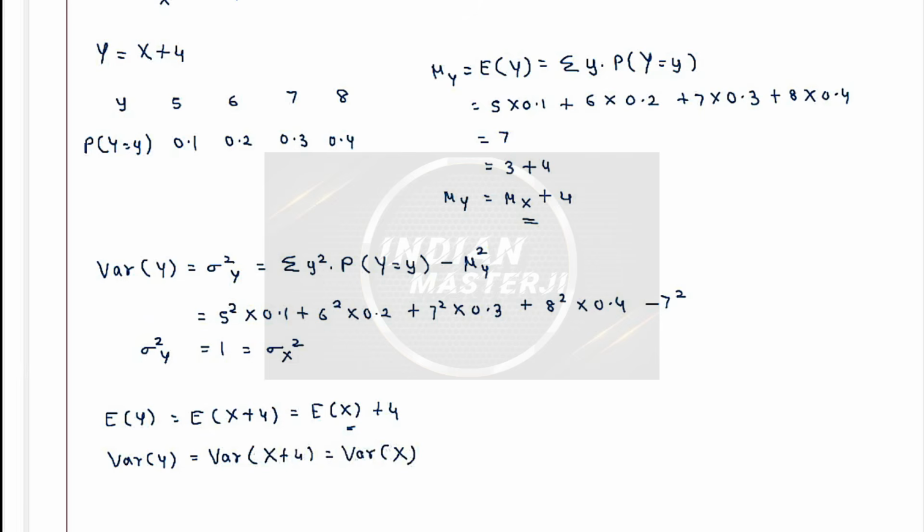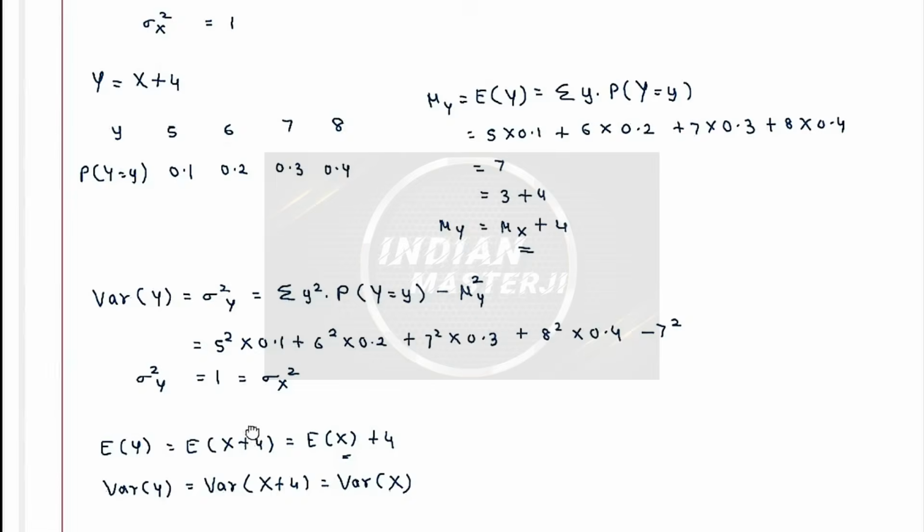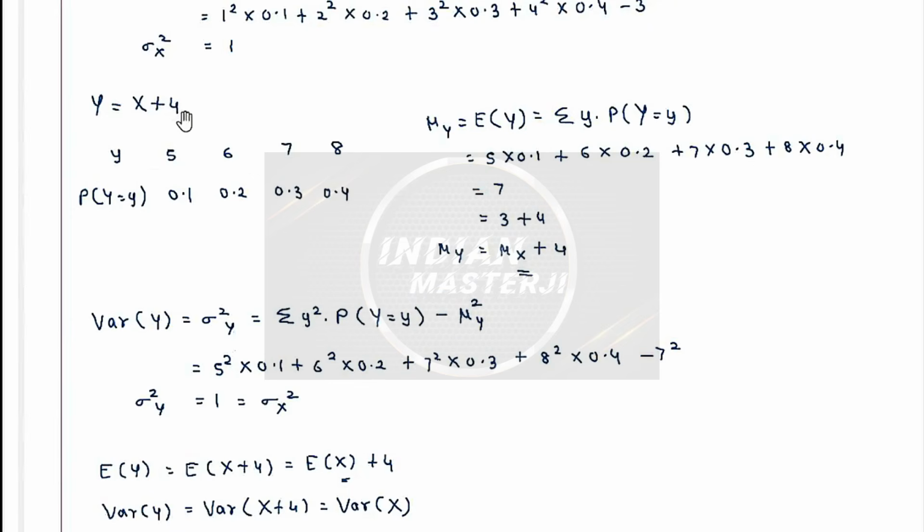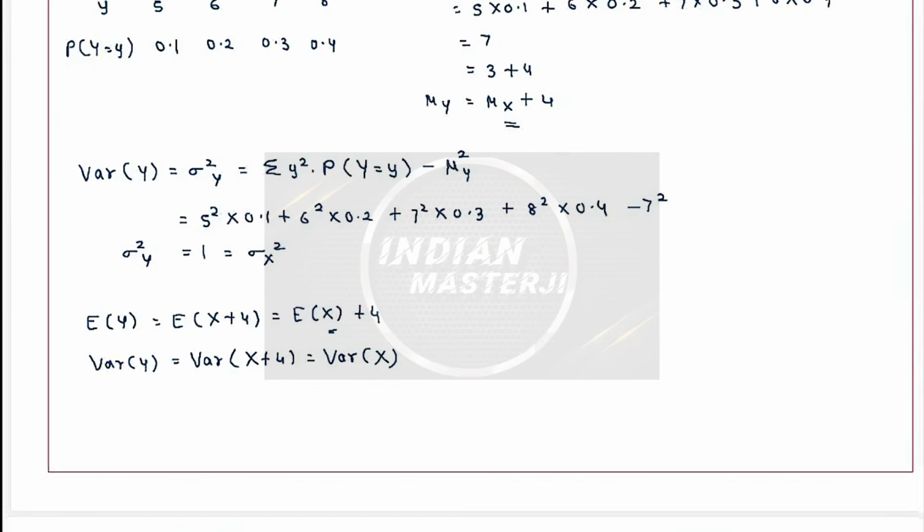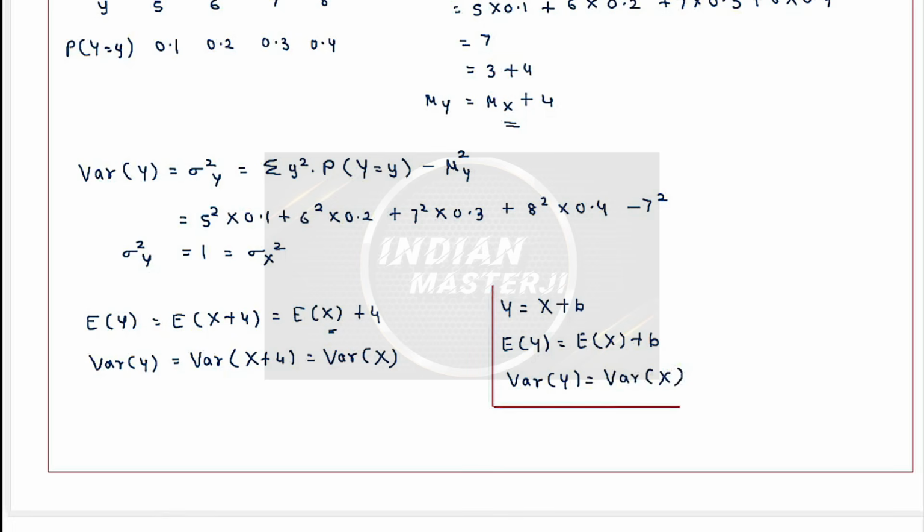So that means there is no change in the variance when the random variable x is added with some constant. In general I can write this as, if y is equal to x plus b, then E of y is equal to E of x plus b, and variance of y is equal to variance of x, correct? This is one relationship which we have got.